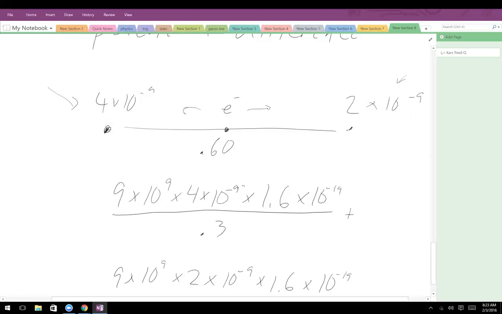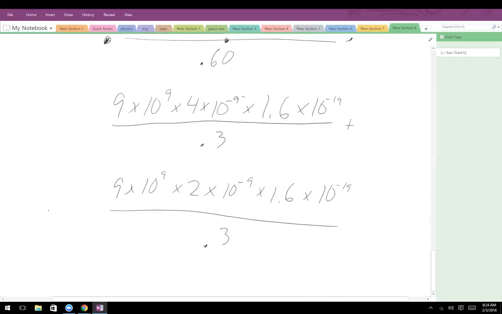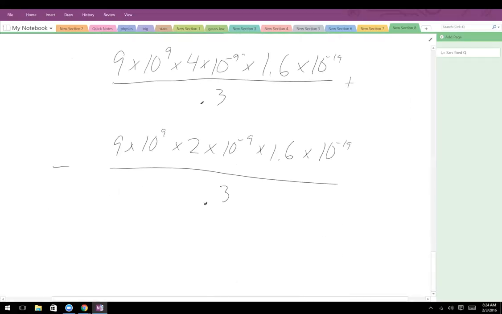Overall, the electron's going to go left. But the point is, like you were saying, they're working against each other, so that's why it's going to subtract. If the charge on this right side was negative, then it would also be pushing it left, and so then you would have to add them. So we're going to subtract these two numbers, right?